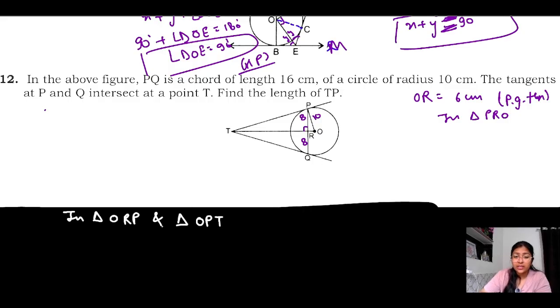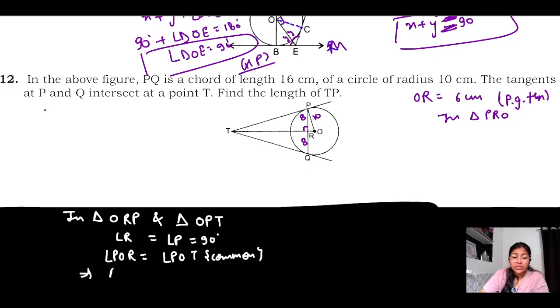See, angle R is equal to angle P is equal to 90 degrees. Radius and tangent are perpendicular to each other, and we had drawn that OR is perpendicular to PQ, so this angle is also 90 degrees. Angle POR is equal to angle POT. Yes or no? This is the common angle.